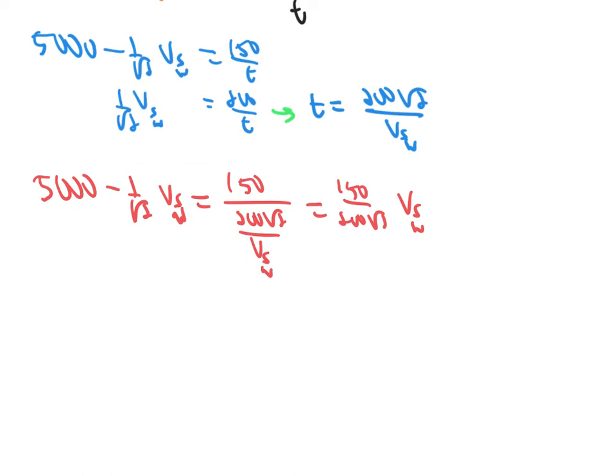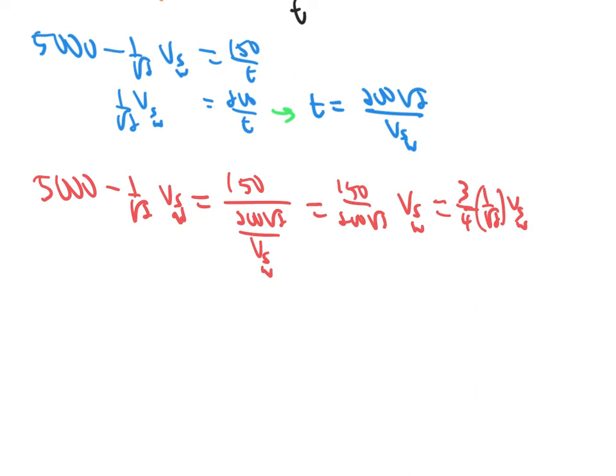And then, believe it or not, it really is just sort of ugly math. 150 over 200 is 3 over 4. So it's 3 over 4, 1 over root 2 times the thing I'm looking for. It's not particularly pretty, but we can do it.